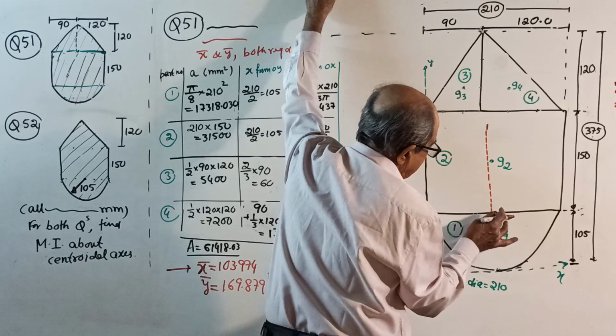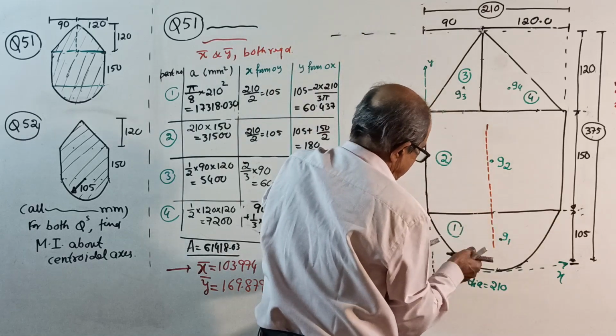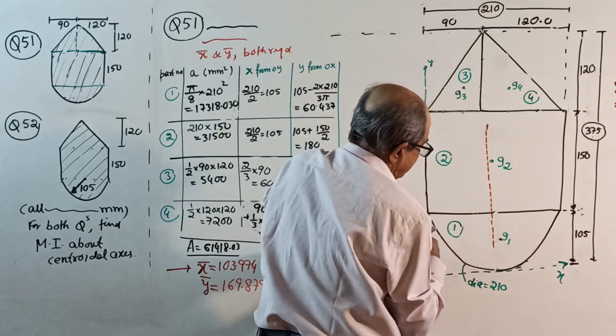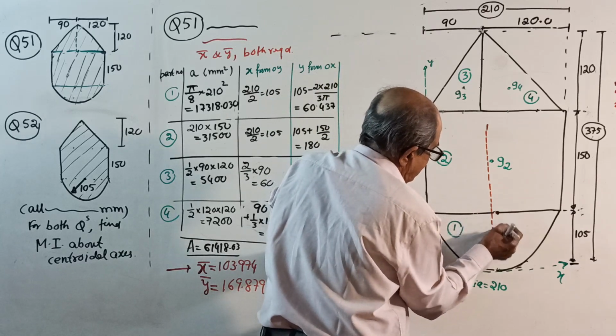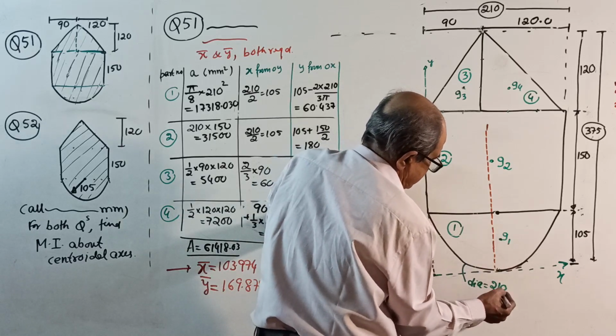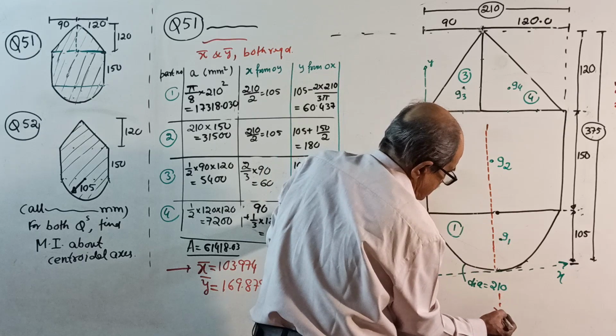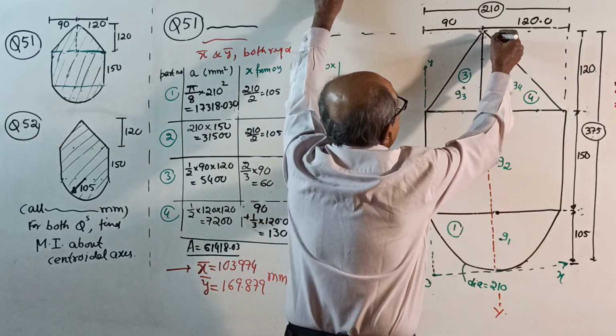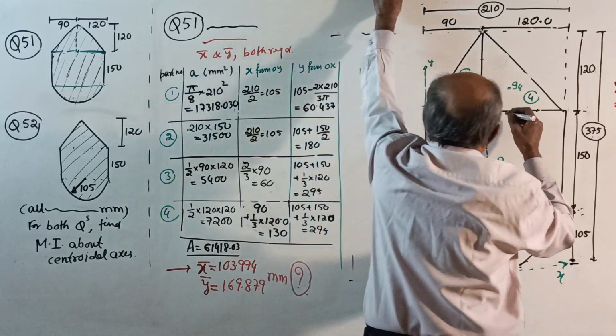This is the center of the circle, and the centroid is at the same level. Okay, extend here. Y axis, see here. I should be careful now.